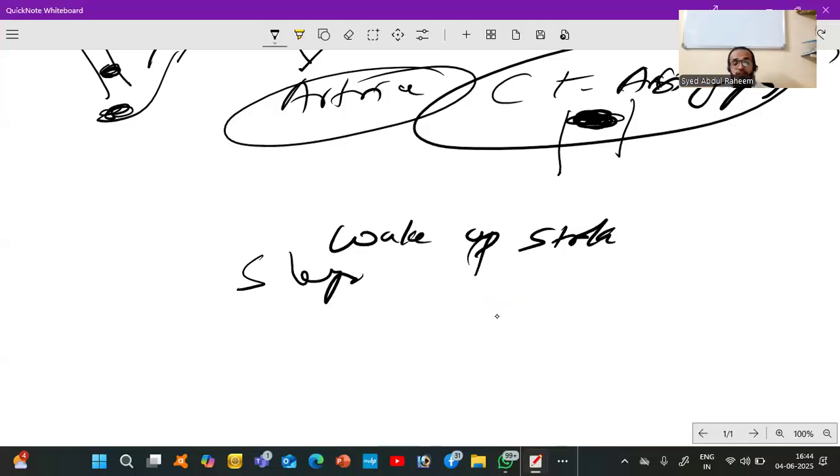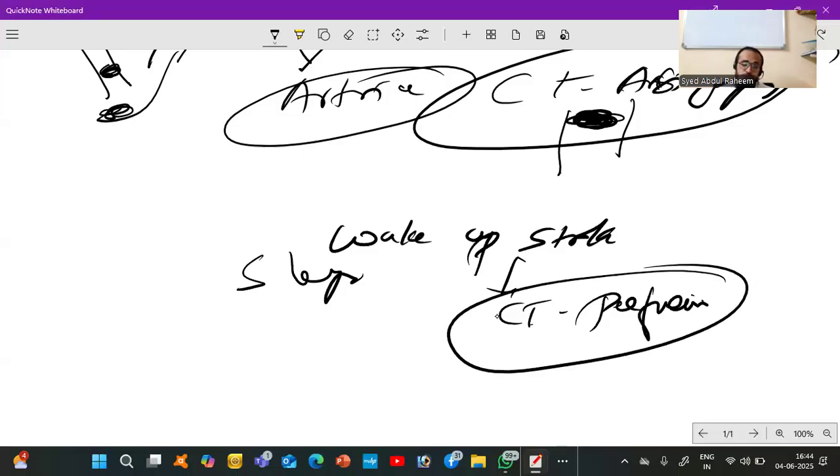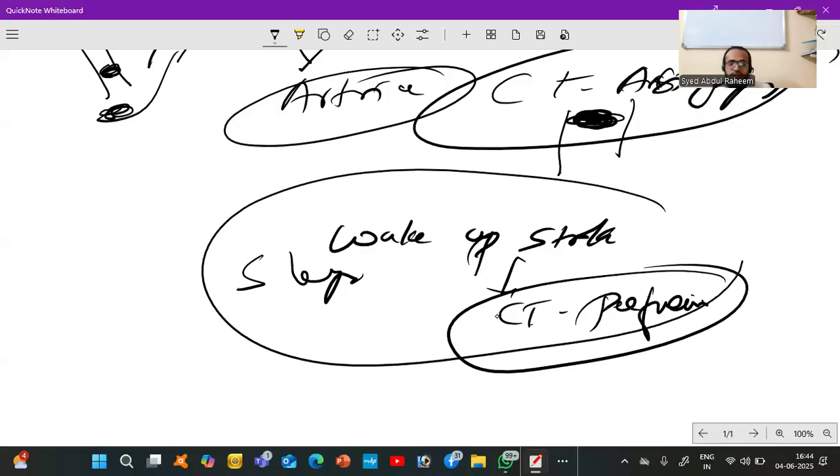Or he may come after 6 hours. We have another scan, that is CT perfusion. We'll discuss that also in coming classes.